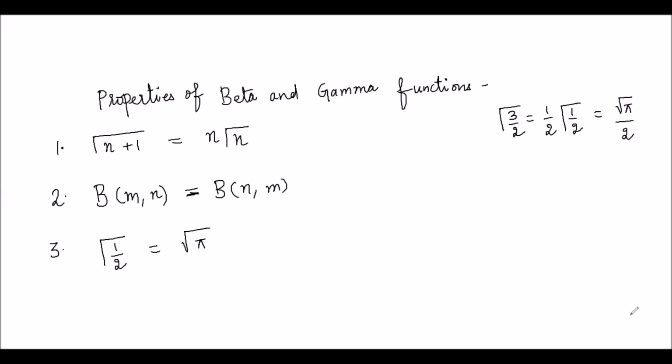The fourth property gives the relation between beta and gamma function. The property is, if we are finding beta of m, n, we can relate this with the gamma function, and beta of m, n is same as gamma of m multiplied with gamma of n, and this whole divided by gamma of m plus n.